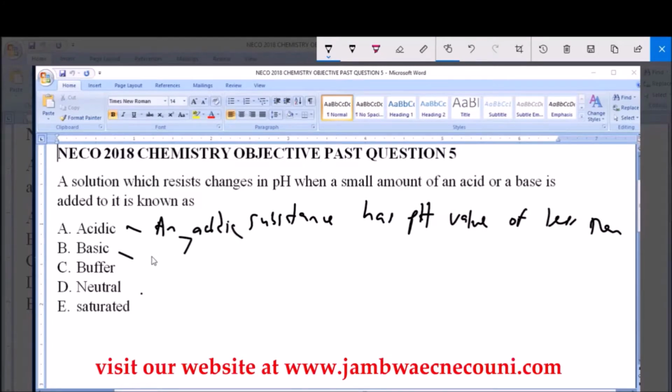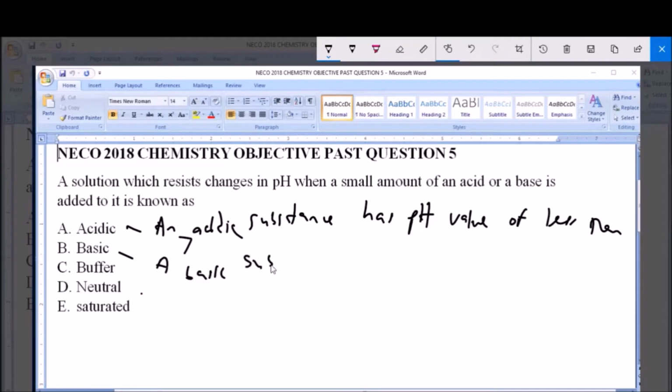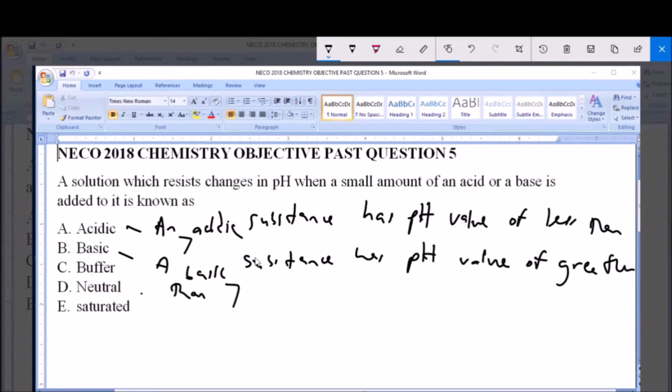Now, option B, which is basic, a basic substance has pH value of greater than 7. Now these values are on what is called the pH scale. Now option C, which is a buffer.